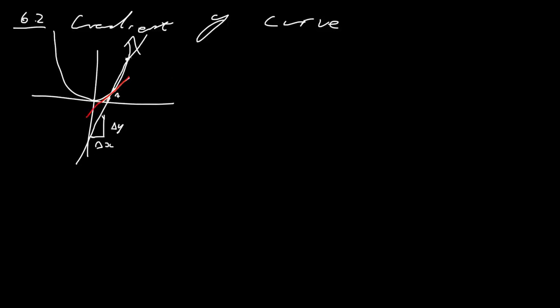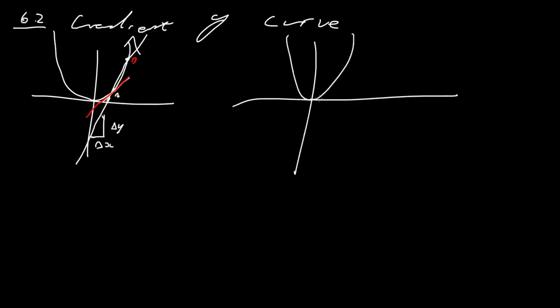So we pick points A and B here, but that doesn't give an accurate description. What if we pick points A and B closer together? Point A is given. What if we pick point B here? Now if we draw a straight line through there, you see what we end up with, which is very close to that tangent line that I told you about.